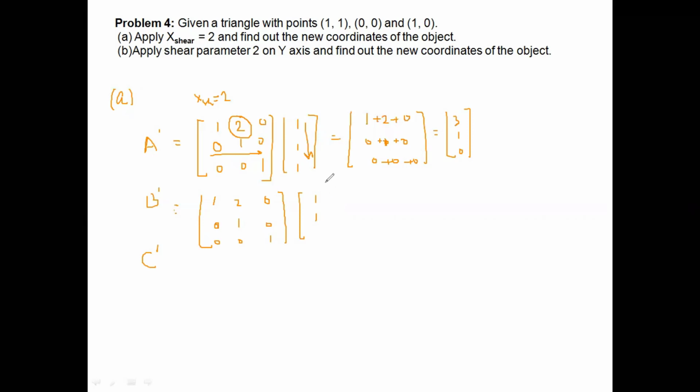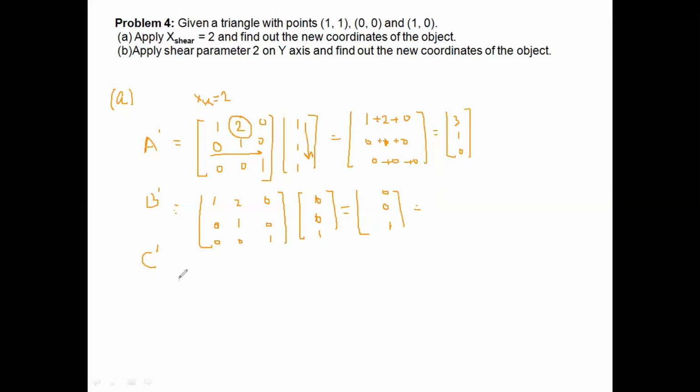So the coordinates for B are 0 0 1. What will be the value? 0 0 1. Okay.